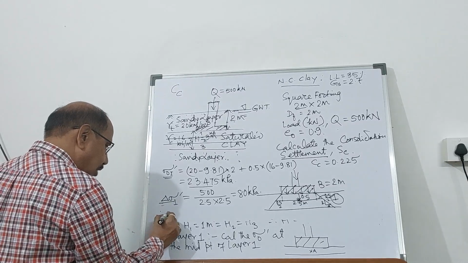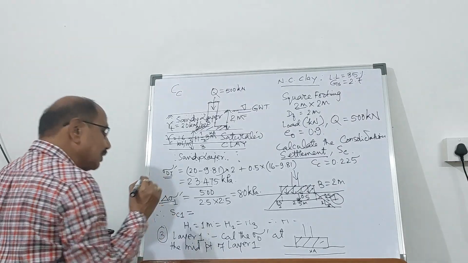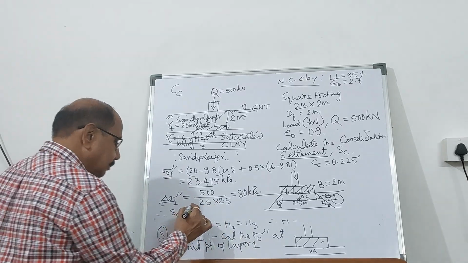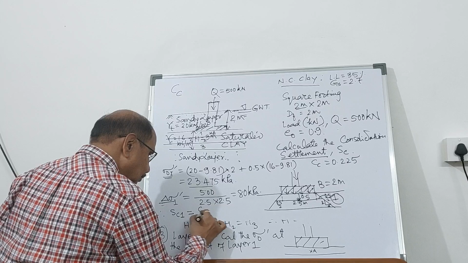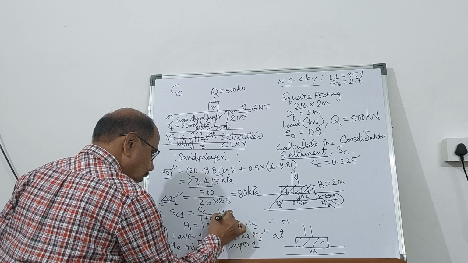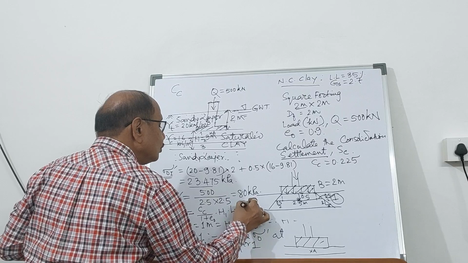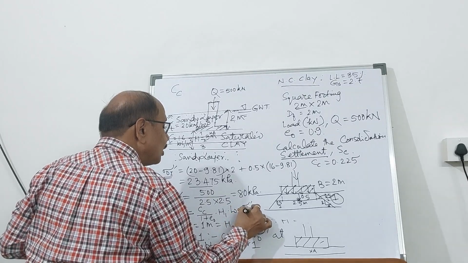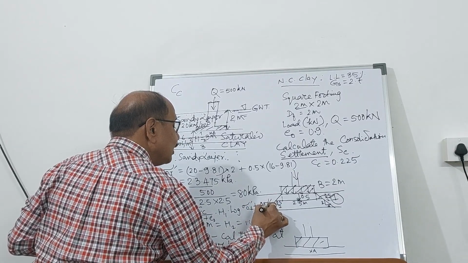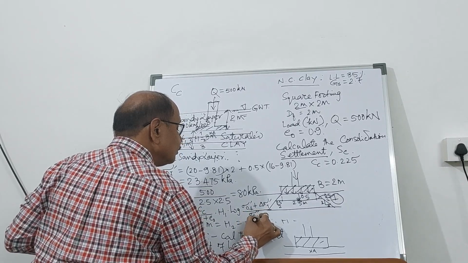Therefore, you can now compute the consolidation settlement for layer 1 by the standard equation which we have discussed last time, that is Sc equal to Cc divided by 1 plus e naught into H1 multiplied by log of sigma naught prime for layer 1 plus increase in effective pressure for layer 1 at the midpoint, divided by sigma naught prime.